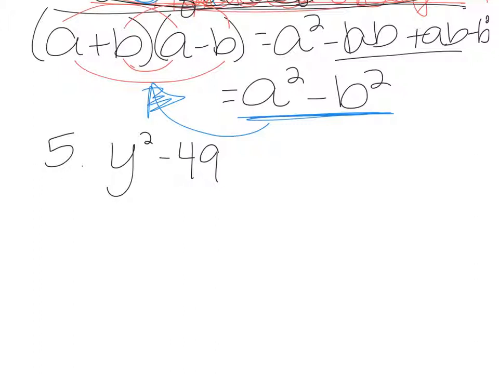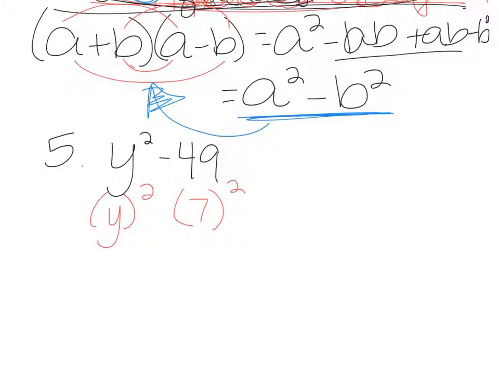Because what we just did by multiplying, we showed that if I multiply an expression that looks like this, I'm going to get something squared minus something squared. So that's what we're going to look for. We ask ourselves, what squared gives me y squared? That one's usually pretty easy to fill in. I can take y and square it and it gives me y squared. For the second one, I want to know what squared will give me 49.